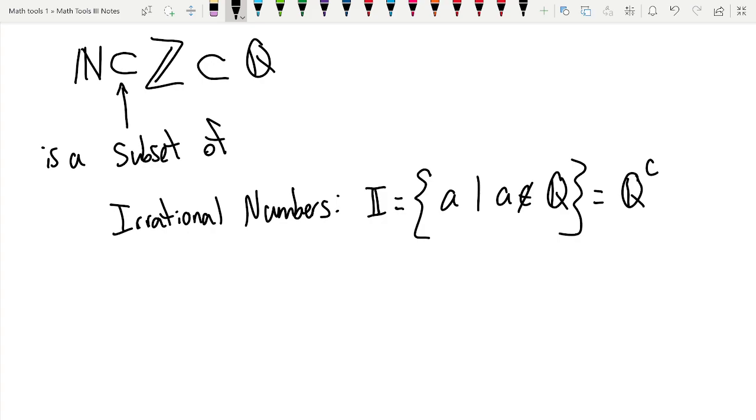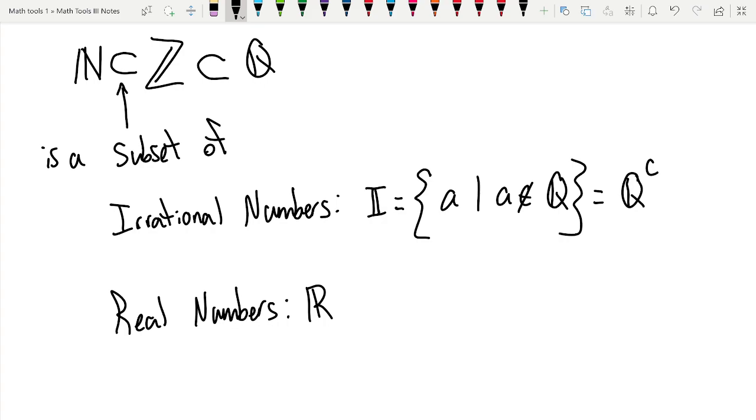And again, we'll get into the sets specifically, but the complement does need to refer to a larger set. So numbers that are part of a larger set, but not in the set itself. And the larger set it refers to is the real numbers. This is typically the place that we live in, right?